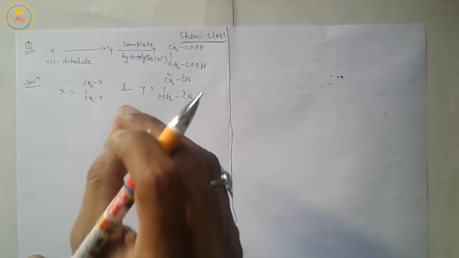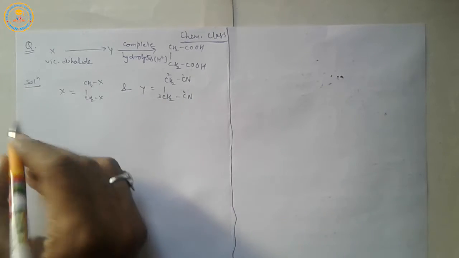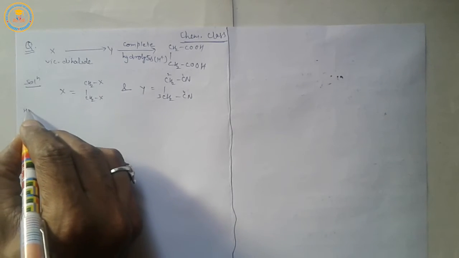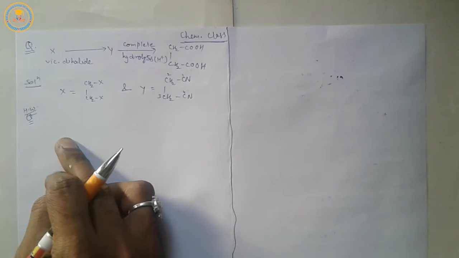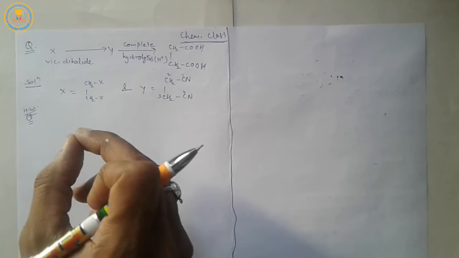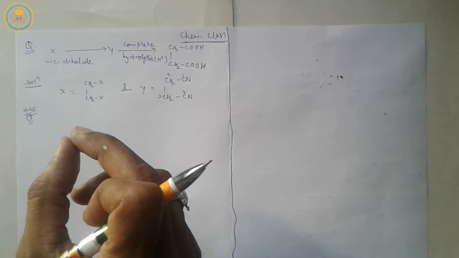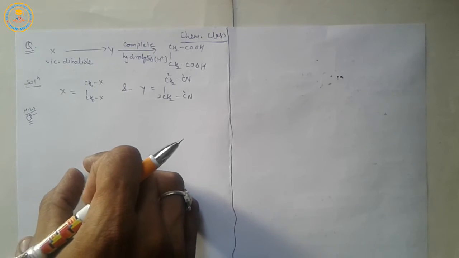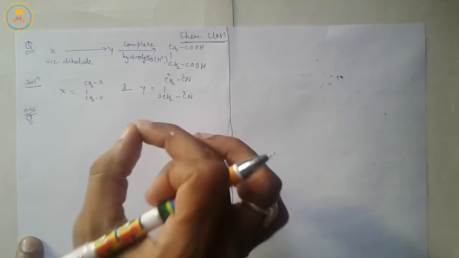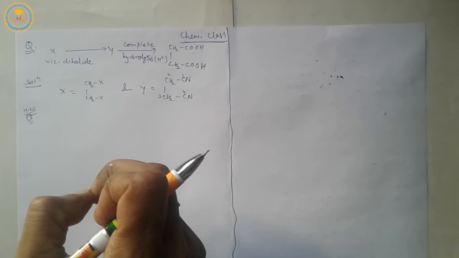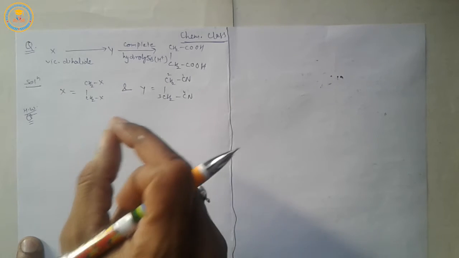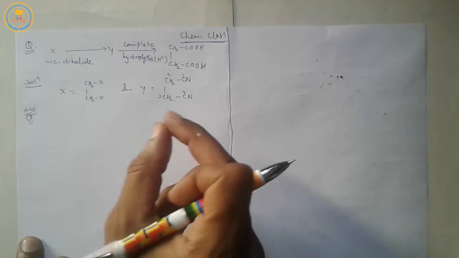Now we take two important homework questions. First question: write the name and formula of any one alcohol and one ketone which give the haloform reaction.